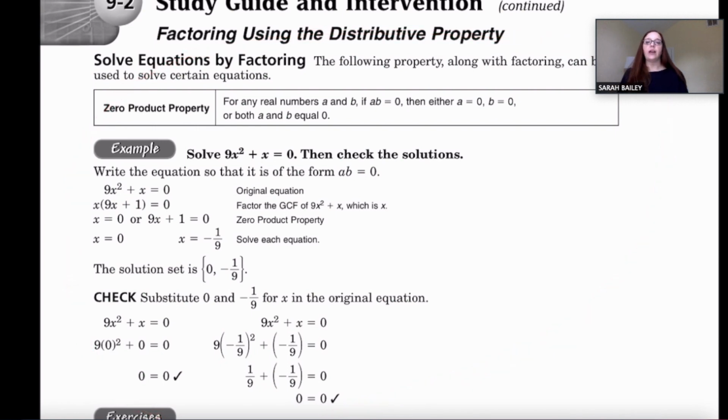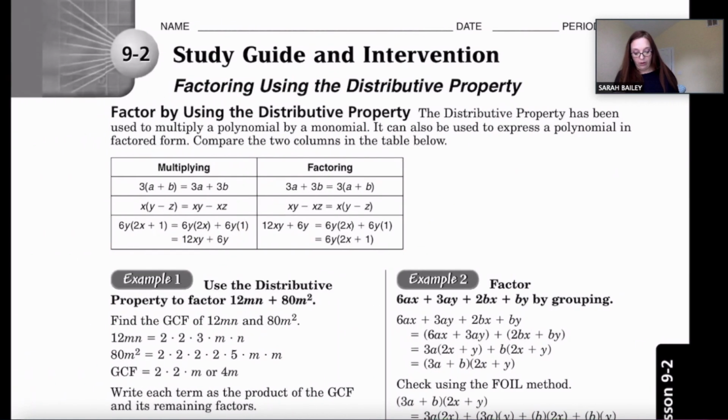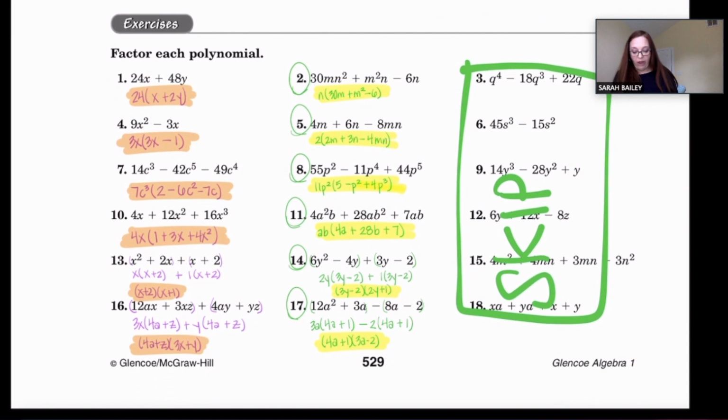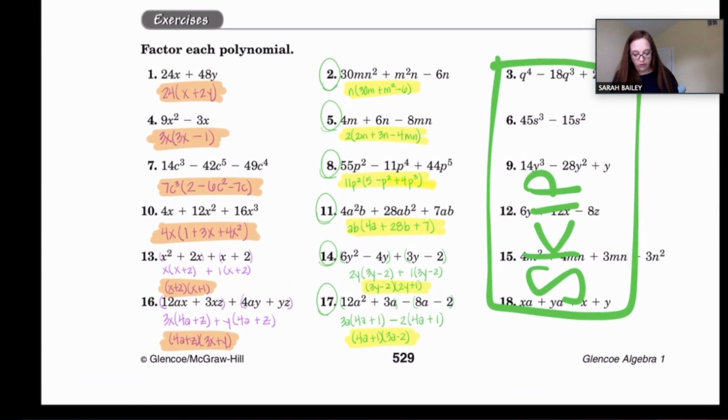Great. Okay, so that zero product property: if you are multiplying two numbers and you get an answer of 0, what does that mean about the two numbers? It means that one of the numbers was 0, or they were both 0, right? Okay, well, when you're factoring, like when we go back on this other page, let's look at number 17 again.